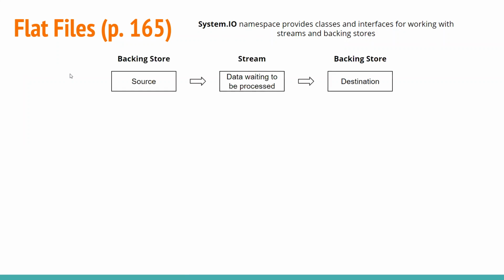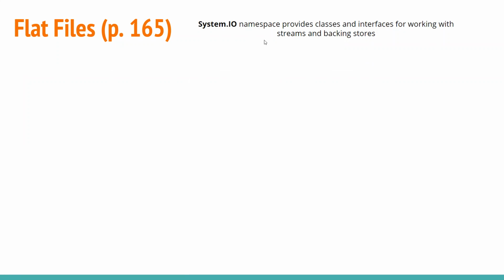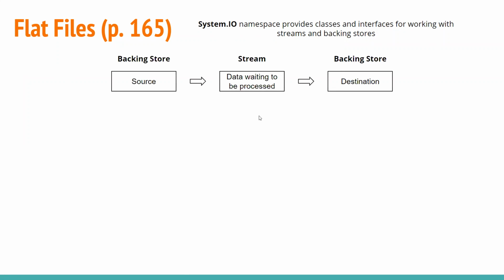How we basically work with them, you guys have kind of seen before. It's inside the System.IO namespace, and it's called streams and backing stores. We're going to discuss streams a little bit more in detail now. It's almost like a stream of water, except in your memory. It's flowing from somewhere to somewhere.